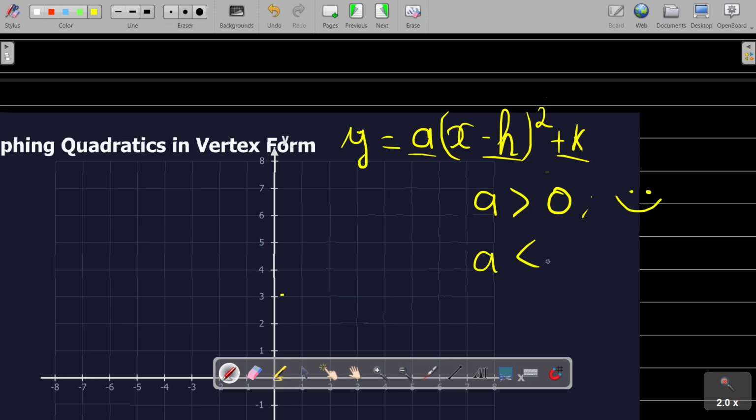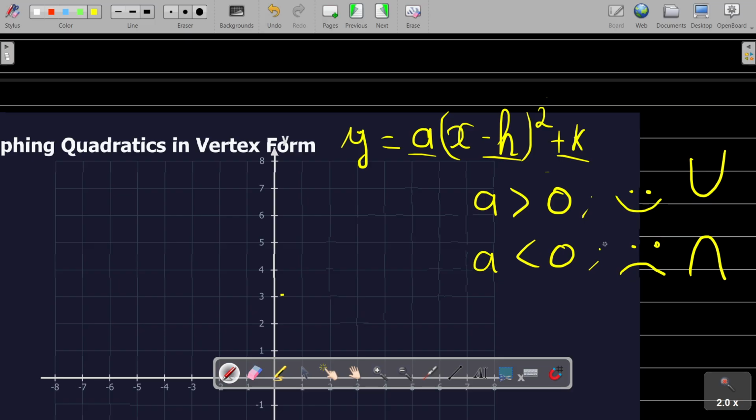If it's less than 0, then what we have is a downward opening. You can think of it as a sad face. So the a value controls the direction. If a is positive, it opens upward like this, a happy face. If it's negative, it opens downward like this, a sad face.